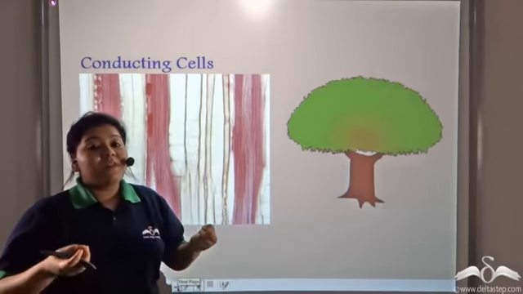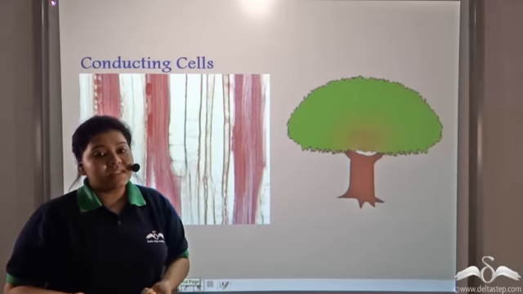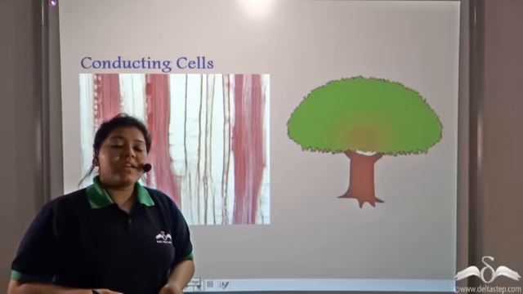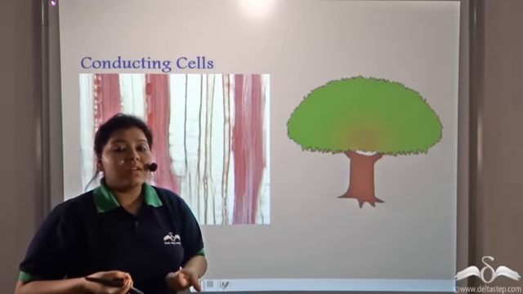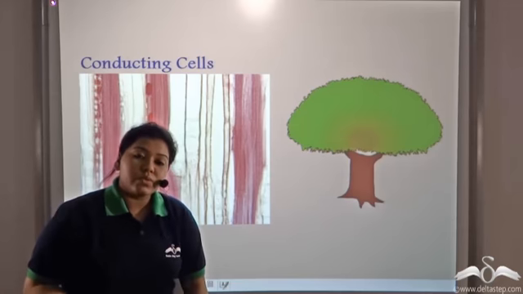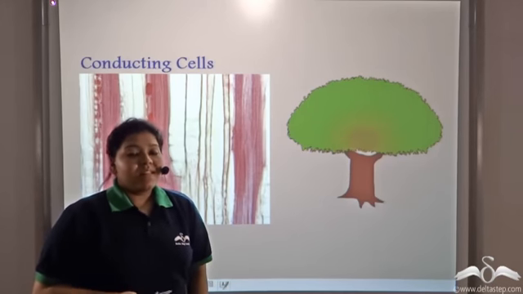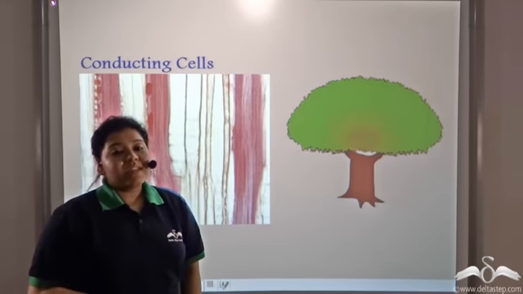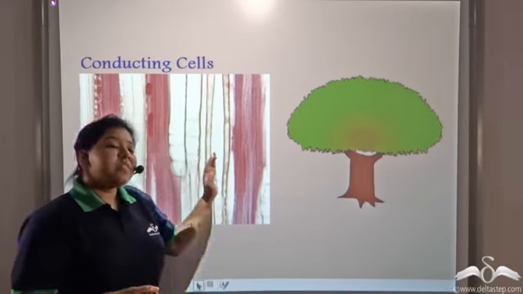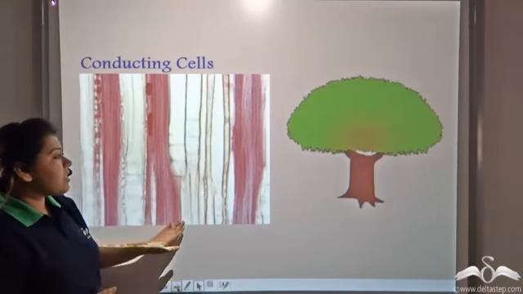Now, leaves require water for photosynthesis. Now, how does the leaf get this water which is getting absorbed by the roots? Well, this is happening because of the presence of these pipe-like conducting cells.